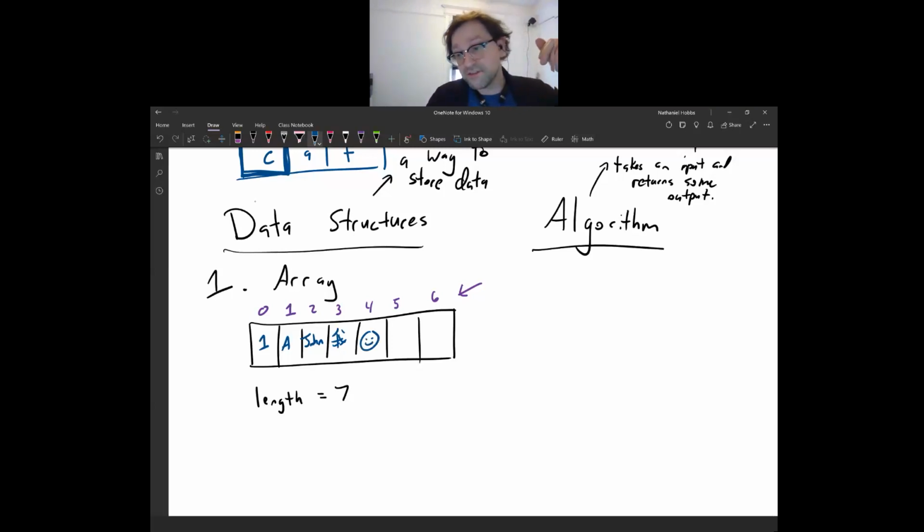Inside of a cell is whatever you want, but that occupies one cell. Oftentimes, you don't have it mixed like this. Arrays are either just numbers or just letters, just one type of thing. But in any case, there's no restrictions on the types of things that you can put inside of a cell.